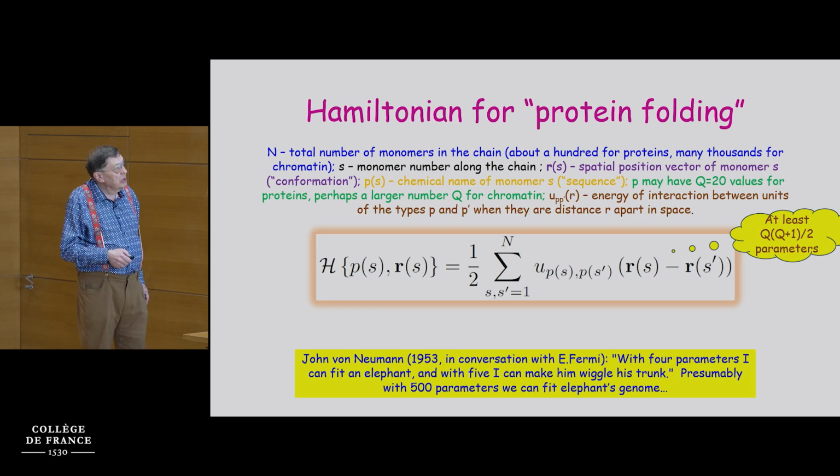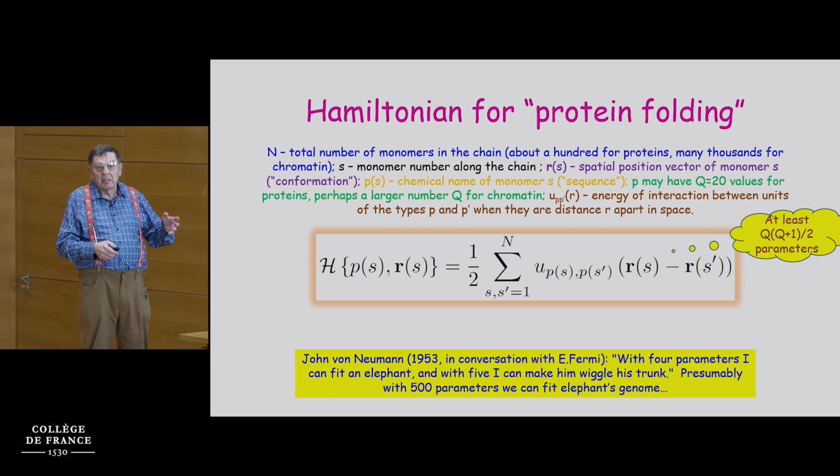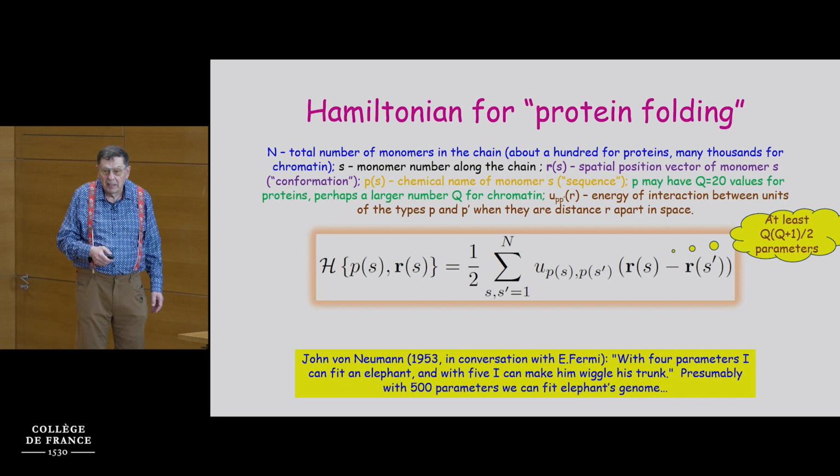And this energy is nothing else but the sum of pairwise energies. So you have monomer S and monomer S prime. P of S is the chemical name of monomer S. P of S prime is the chemical name of monomer S prime. For proteins, there are 20 different chemical names. For chromatin, many more.